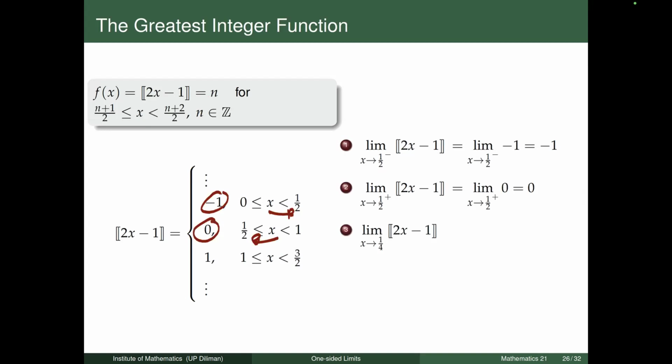Paano kung 1/4? So nasaan yung 1/4? Yung 1/4 will be here. Okay? So coming from the left, coming from the right, yung value ng GIF natin is always negative 1 kasi nasa loob ng interval na ito yung 1/4. So negative 1 lang siya.